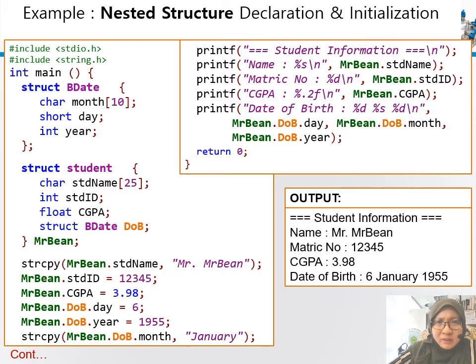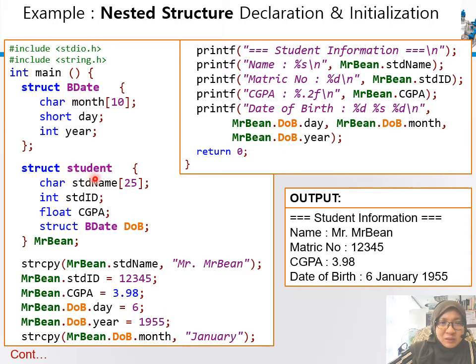What about declaration and initialization for nested structure? Remember I have shown you the example of nested structure, which means a structure inside another structure. Let us have a look at this example. We have 2 structures here, which is b date, which is a birthday, birth date.